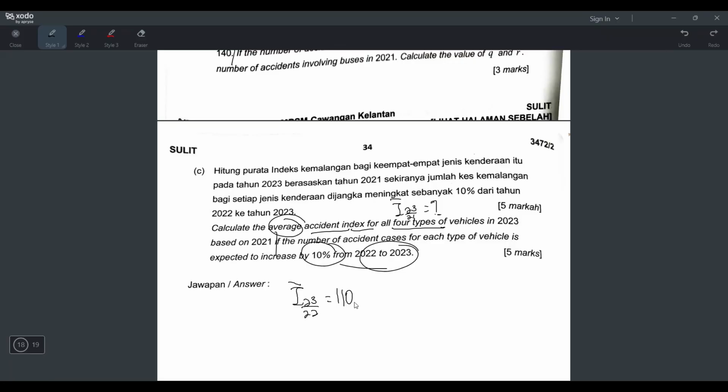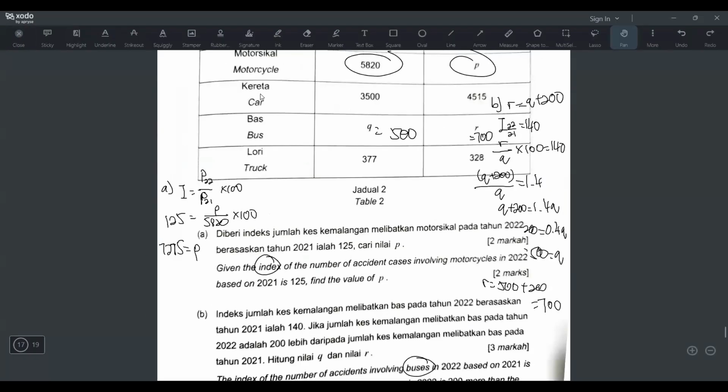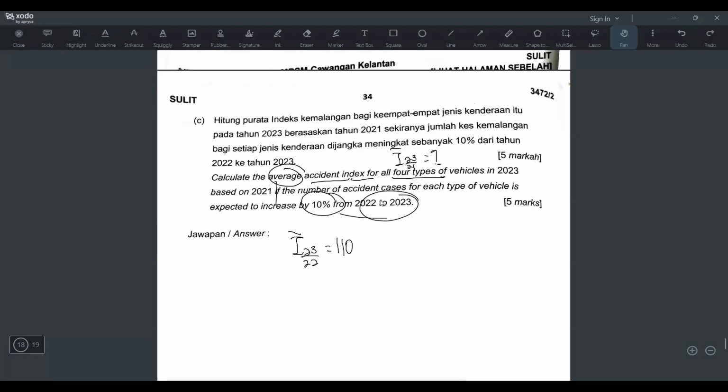So that means all the bus, lorry, motorcycle, each index is 110, 110, 110, 110. And if you find the composite index, you will get 110 also, right? And we are trying to find the composite index for 23, 21, right?